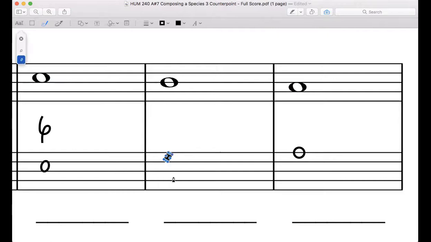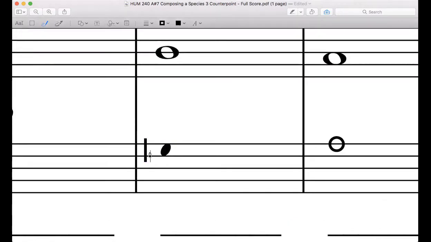Again, we're going to start with the leading tone. We're in A minor. Go up by step, go down. Remember, upper neighbor, lower neighbor. And again, this is basically the ending formula that you typically use.